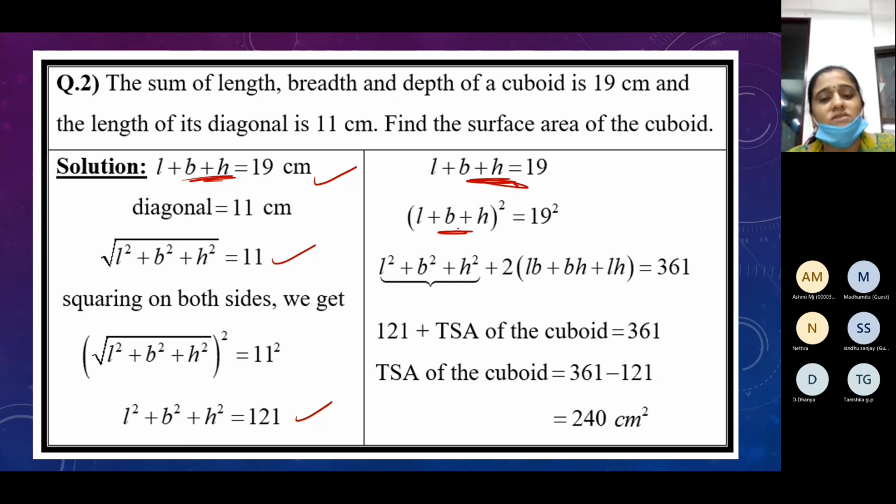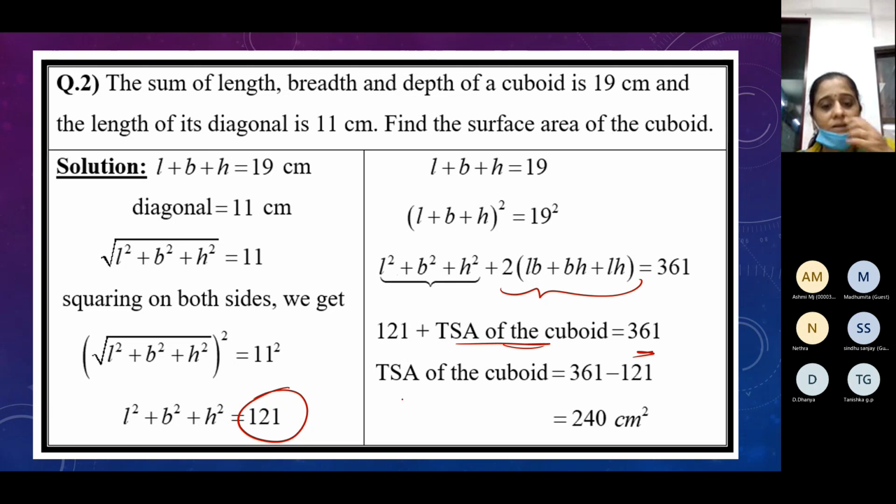What do you get when you square this? A plus B plus C, the whole square is equal to A square plus B square plus C square plus 2 of AB plus BC plus CA is equal to 361. So this one L square plus B square plus H square is 121. Plus this is the TSA is equal to 361. So TSA is equal to 361 minus 121.